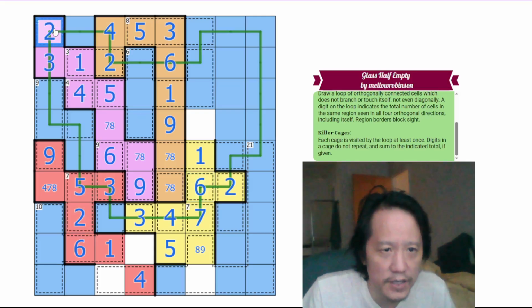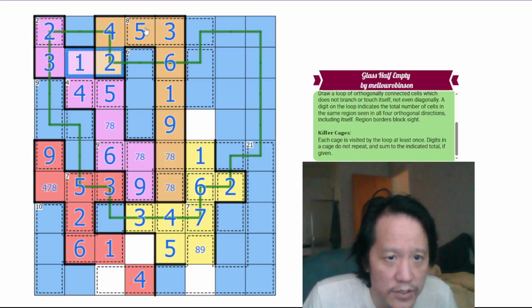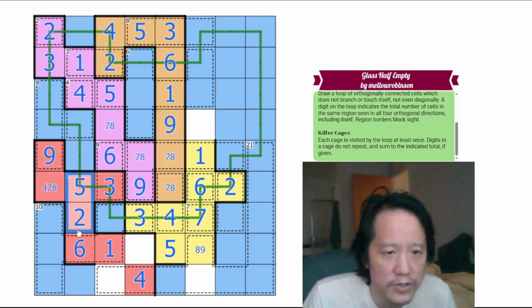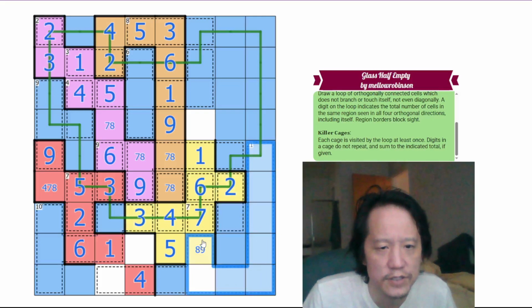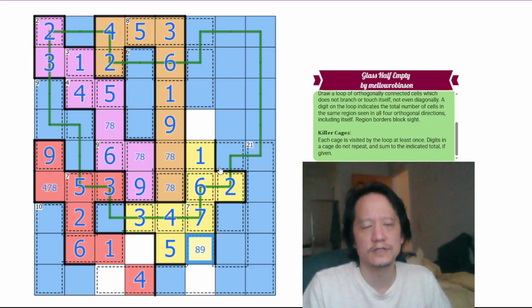It enters cage here, cage here, cage here, and so on, this cage, these Q cages, this cage here, this cage there, and this cage there. So that's all loop stuff.